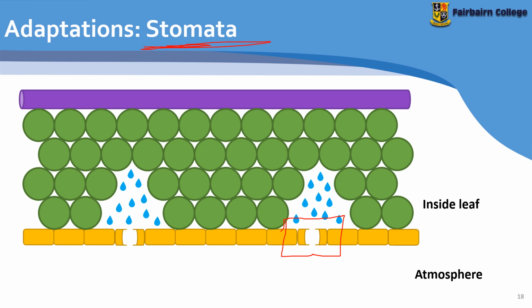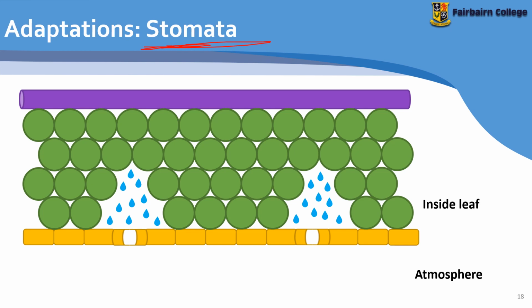The next adaptation that some plants have is they actually close their stomata during the warmest period of the day. So most plants open their stomata during the warmest period of the day, because that is when they get the most sunlight, so that they can produce the most food through photosynthesis.